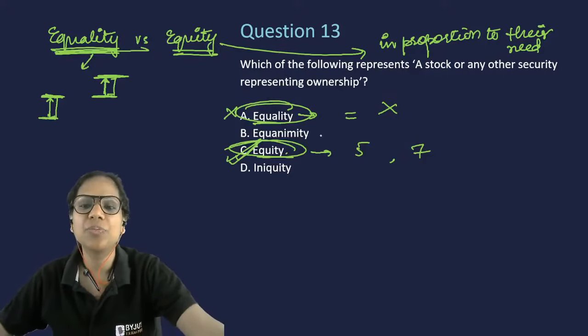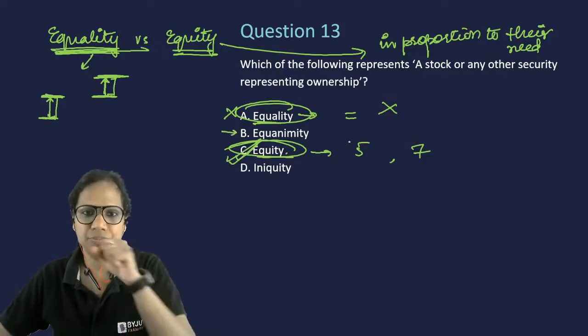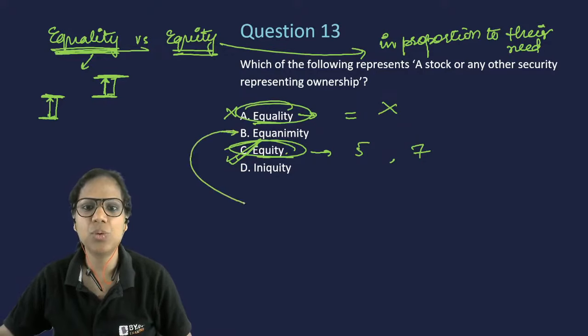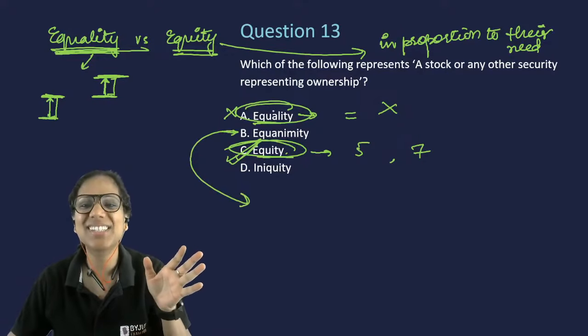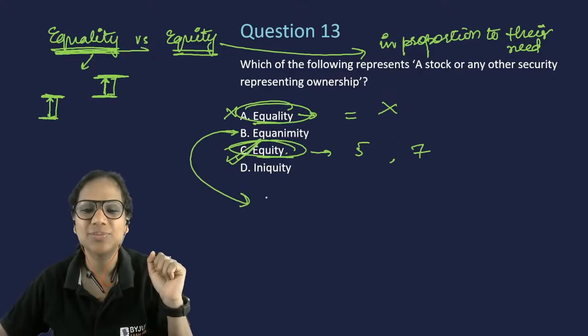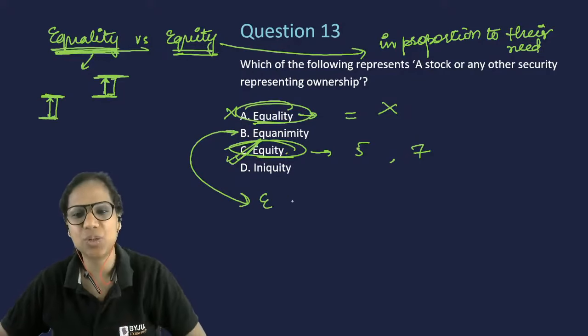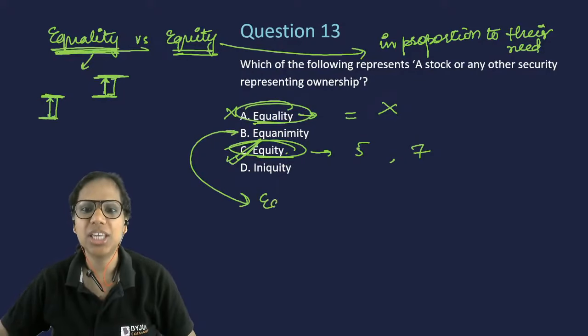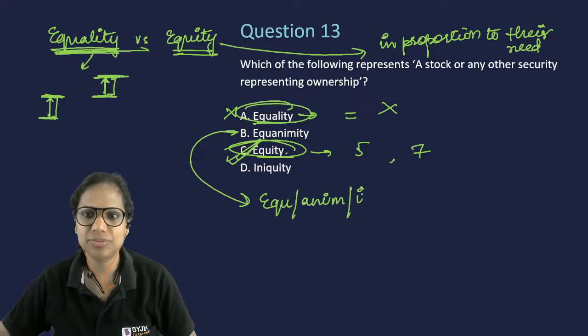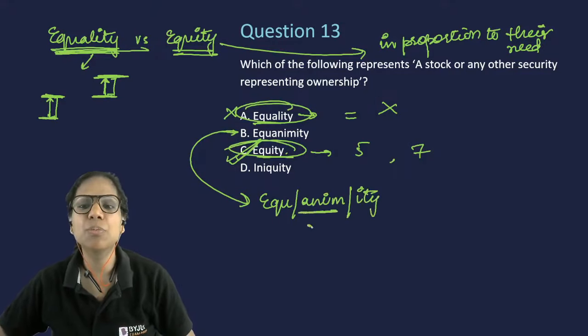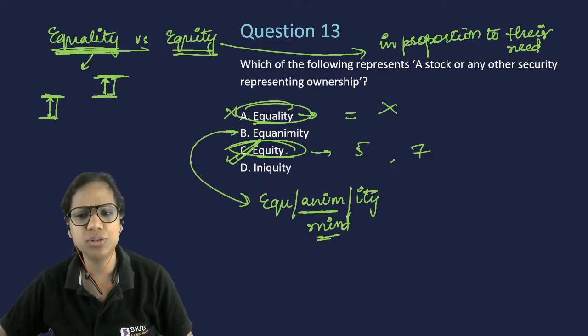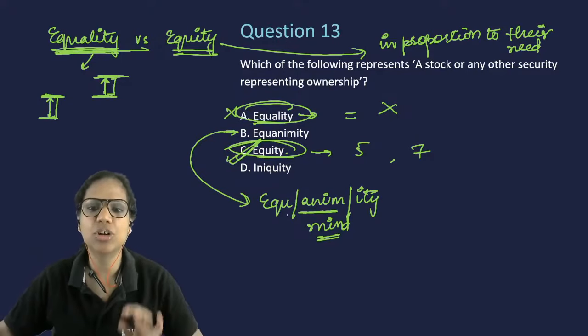Now, what is equanimity? Equanimity is different from equality and equity. It just shares the root, equus. So let's break this. Anim means mind. It means heart also, soul also, but here let's talk about mind.